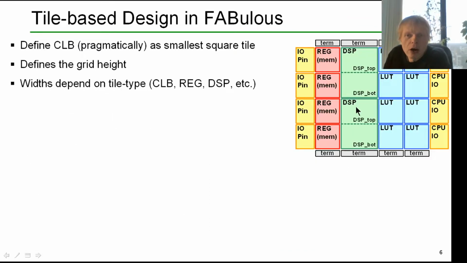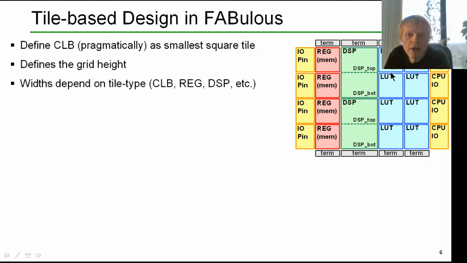Okay. So if you want to build such a tile-based fabric, the way this all works is that if we don't have any other constraints, we just pragmatically start with implementing the CLBs first. We try to build the smallest square that fulfills the resource requirements and gets it routed.